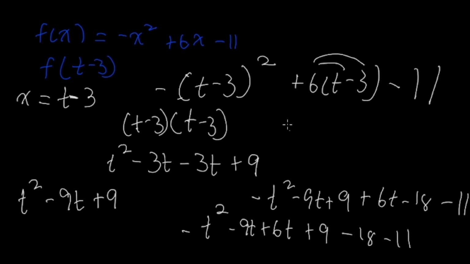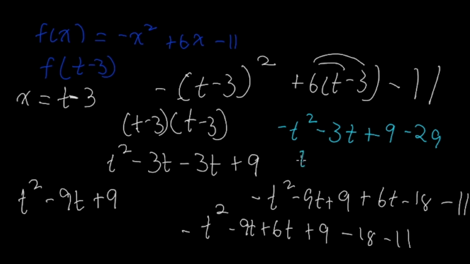This becomes, I'll write the answer in a different color. That becomes negative t squared minus, so negative 9t plus 6t gives you negative 3t, minus 3t, plus 9, minus, so negative 18 minus 11 gives you negative 29, and then positive 9 minus 29 gives you an answer of negative 38.